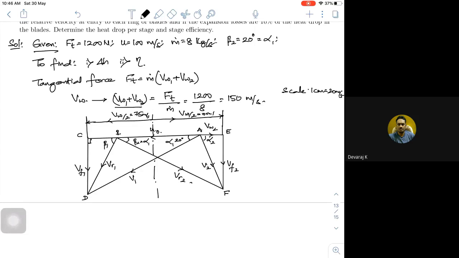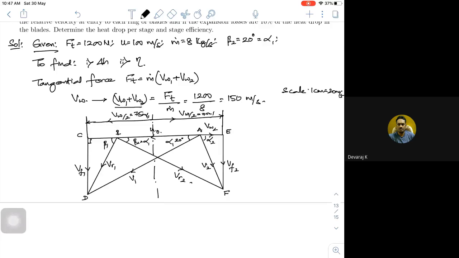Now you have calculated the VW, that is your tangential velocities, the combined tangential velocity, which is VW1 plus VW2, which is 150 meters per second, and this being a 50% reaction turbine, that is R is equal to 0.5.